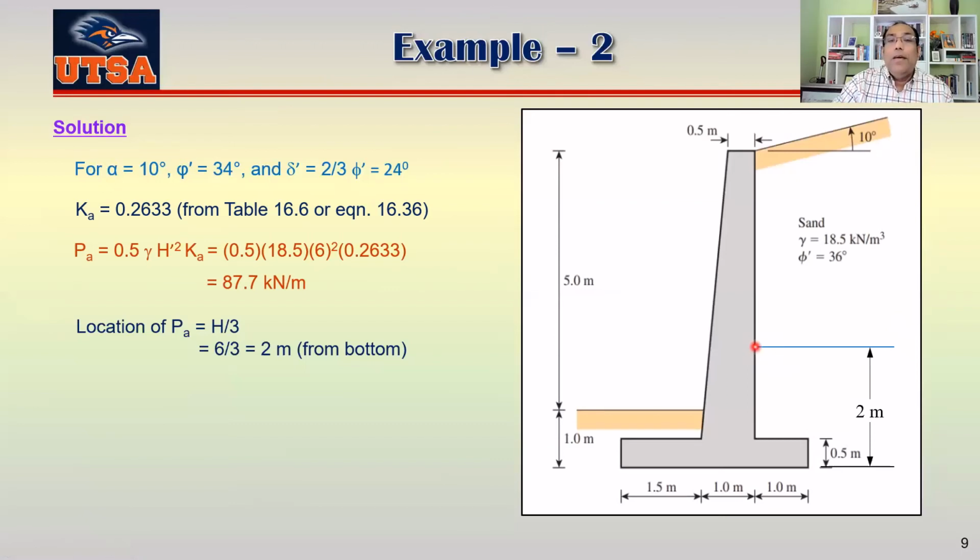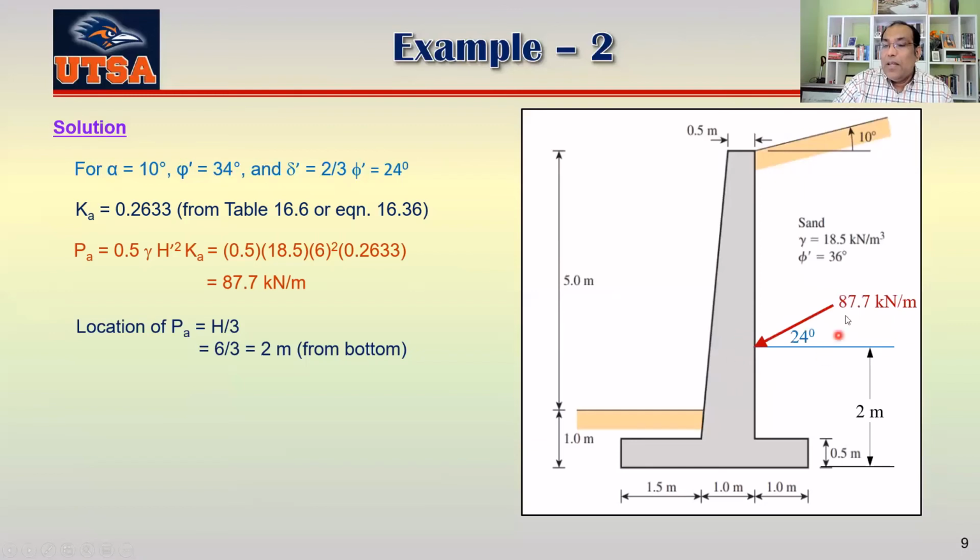Now, for Coulomb's method, you have to draw a line perpendicular to the back face, but here your back face is vertical. So this is the line perpendicular to this line here. Once you get that perpendicular line, your PA will be acting here at your delta prime angle.